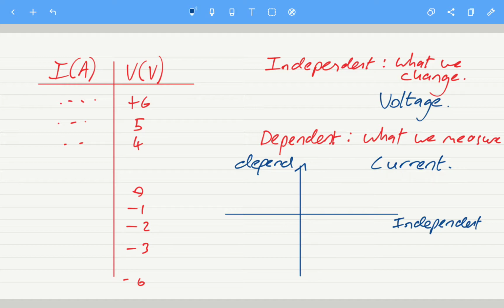So that's some more information. So we've got the range, +6 to -6 volts. If it asks you in the exam to describe the experiment, how you would set it up, you want to be saying the range of voltages, measure the current, and then we're going to plot a graph, and I'm going to show you what the graph looks like now and what we can find from it.